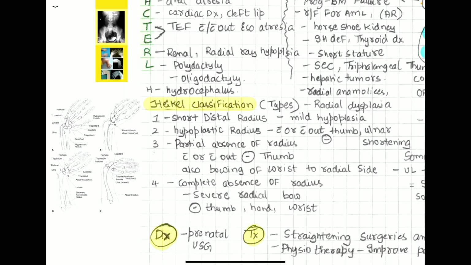In type 2 there is hypoplastic radius, there can be absent thumb, and there is also associated ulnar shortening. In type 3 there is partial absence of radius, where the radius is severely hypoplastic, there is absent scaphoid, absent thumb, and a special feature of type 3 is ulnar bowing, which is very obvious.